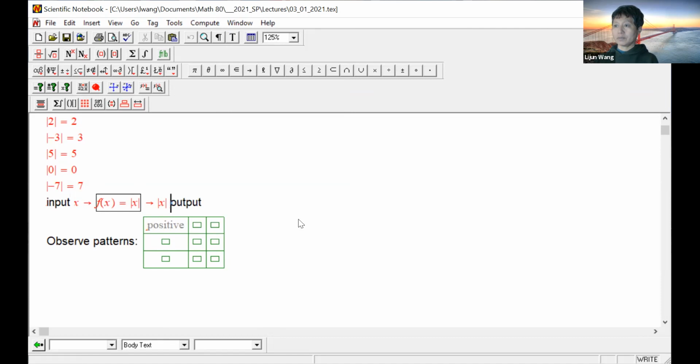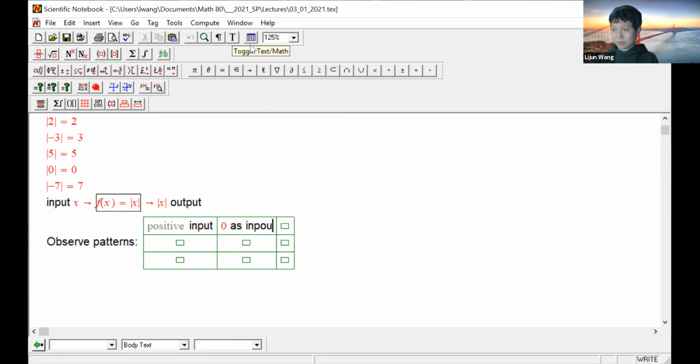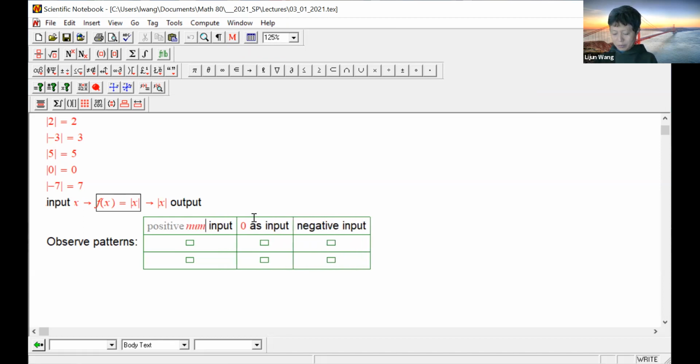So in terms of input, if the input is positive, or if it's 0 as input, and the next case, of course, is a negative number as input.